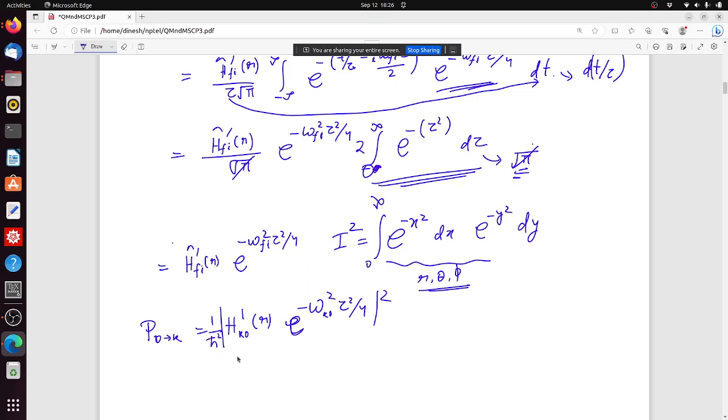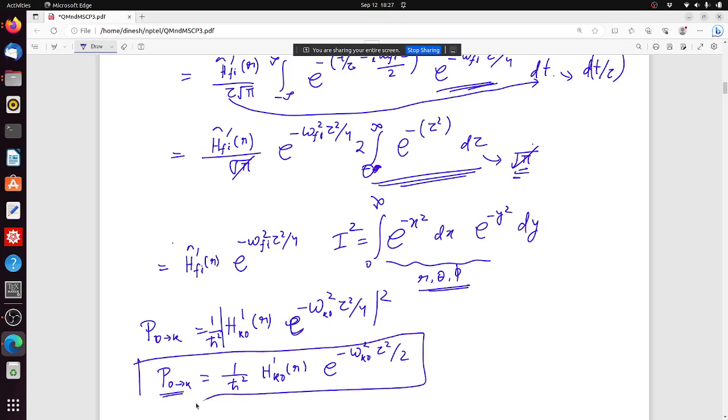Okay, so it's just 1 over h cross square, h of k 0, e to the power minus omega k 0 square tau square over 2. So this is the probability of transition from 0th state to kth state. And what is this? This is the energy difference between kth state and 0th state.